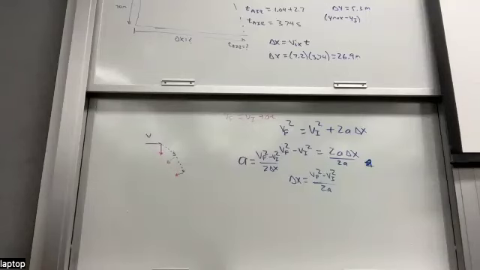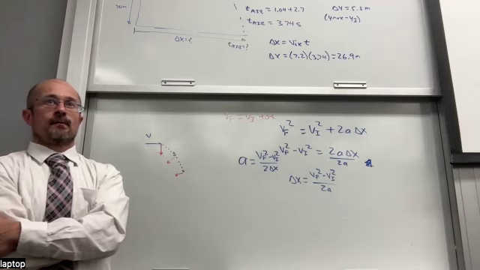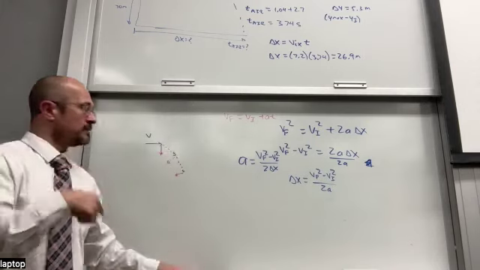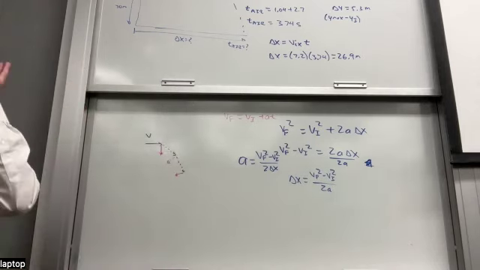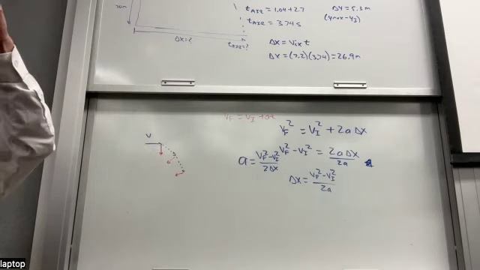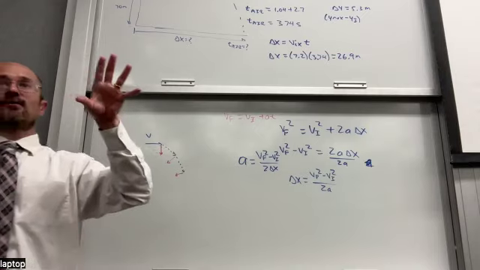Okay. So I solved the displacement while it was accelerating, and I didn't find it. Yeah, so you need both parts. There are two ways to solve that problem. One is to solve delta x during the first acceleration from 0 to 20, and then solve the distance from 20 to 30 and add them together.